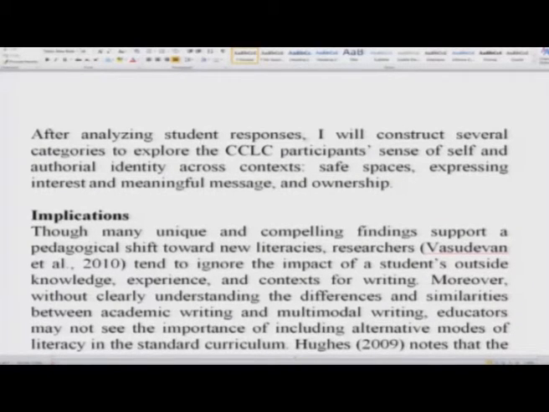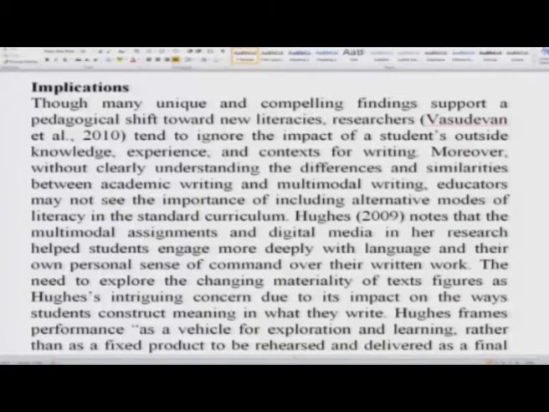After analyzing student responses, I will construct several categories to explore the CCLC participant sense of self and authorial identity across contexts, safe spaces, expressing interest and meaningful message and ownership. Now, implications.